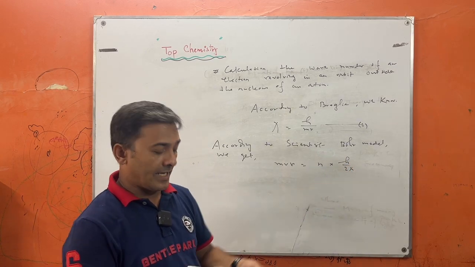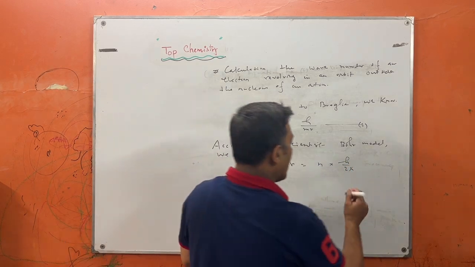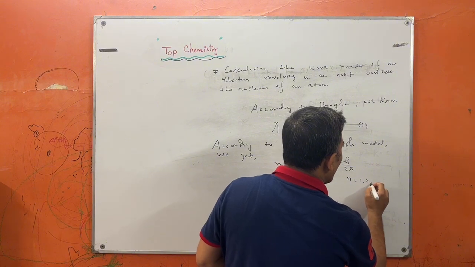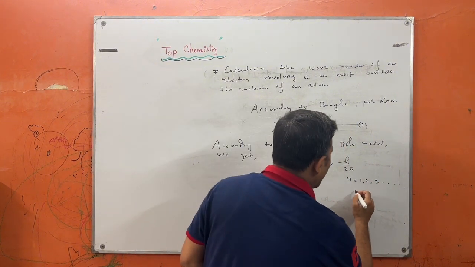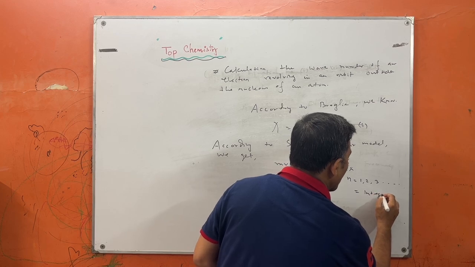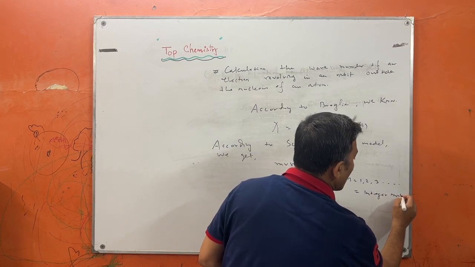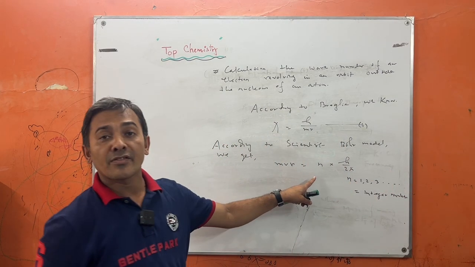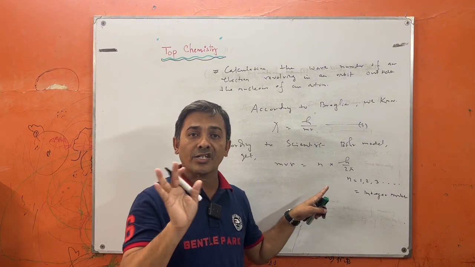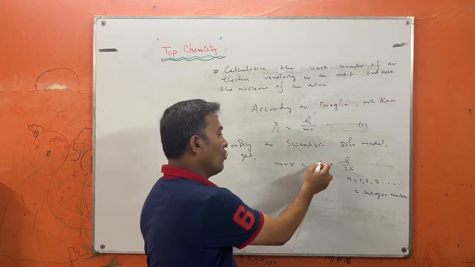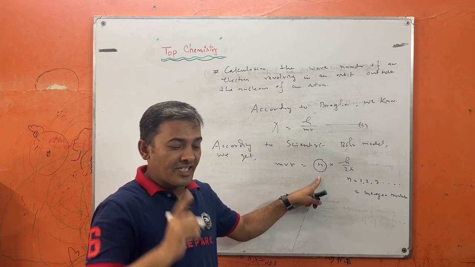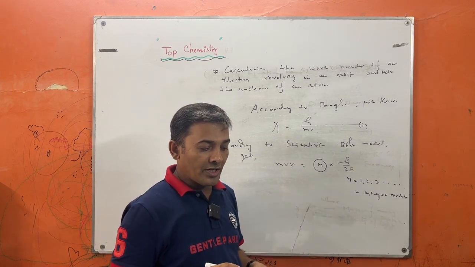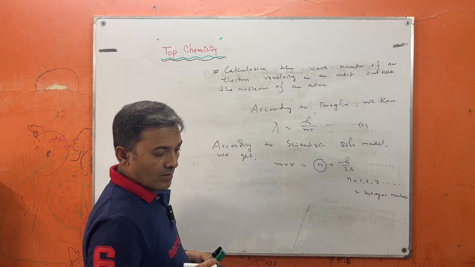We know what is n. n equal to 1, 2, 3 and so on. That means an integer number. The value of n will not be a fraction. n is an integer number.